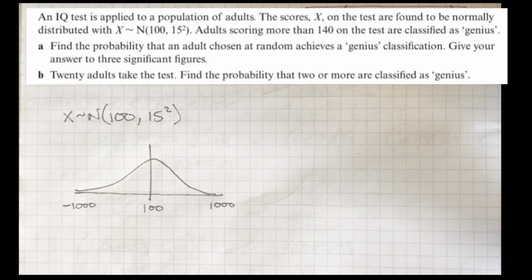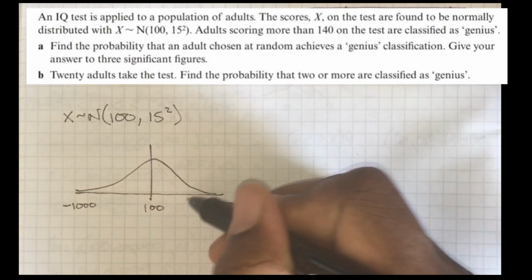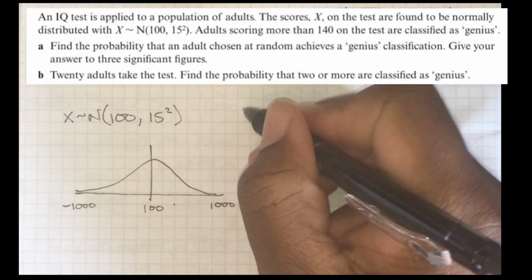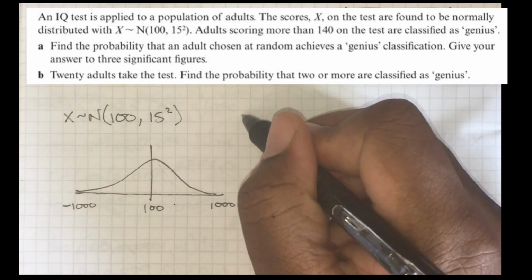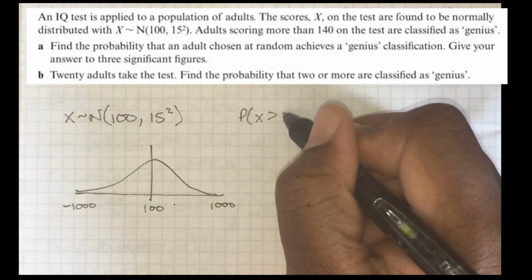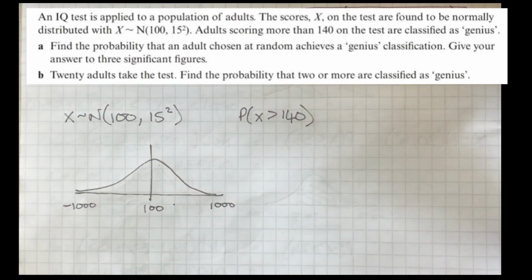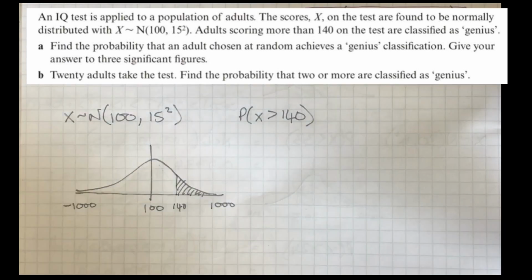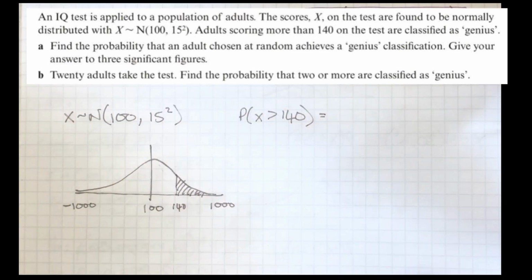So let's see if we can find the probability that an adult chosen at random is a genius. So the probability that X is greater than 140. So we're going to go ahead and set out the statement, and we're going to use the syntax that we've been using all day so far to find the probability that somebody is a genius.